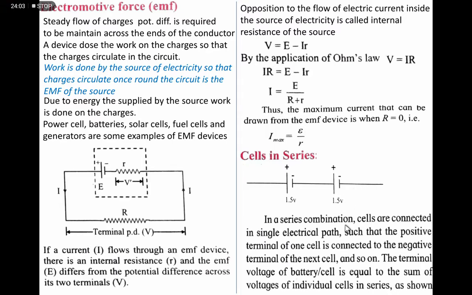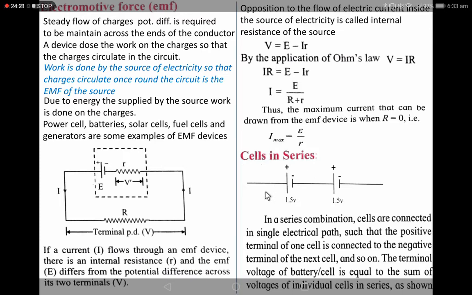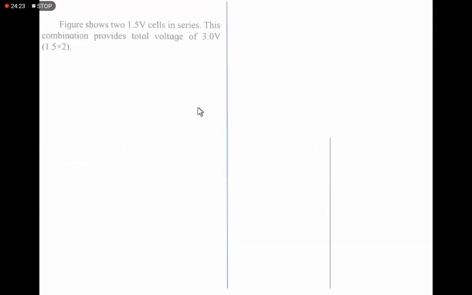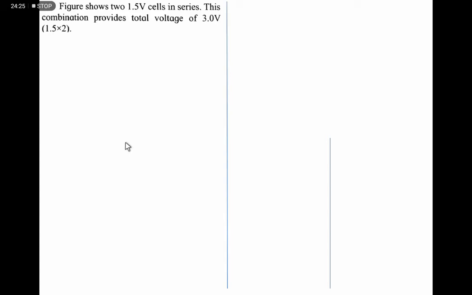Series combination: cells are connected in a single path such that the positive terminal of one cell is connected to the negative terminal of the next cell. Just as I explained, the sum of voltages will be there. So in the figure, the potential of each cell is 1.5 volt.